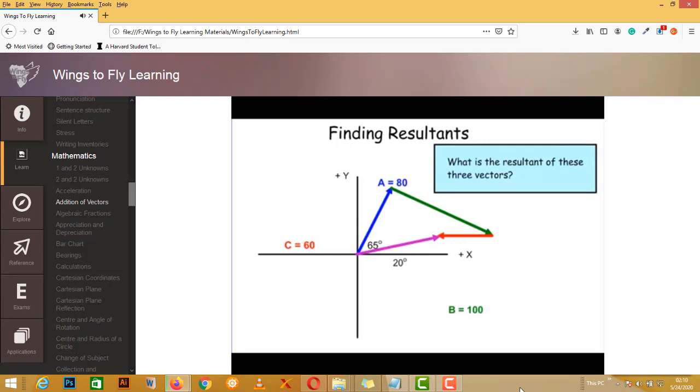So if we were to solve this graphically, you would see the resultant is the purple vector located as shown.